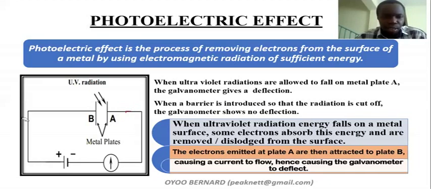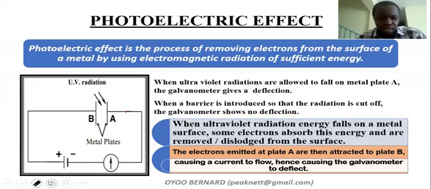B is positive with respect to A, and for that matter, the electrons, owing to the negative charge that they possess, will be attracted towards plate B. Conventionally, electrons flow in the opposite direction to current, or conversely, current flows in the opposite direction to that of electrons. So if electrons are moving from A to B, then current will move from B to A.